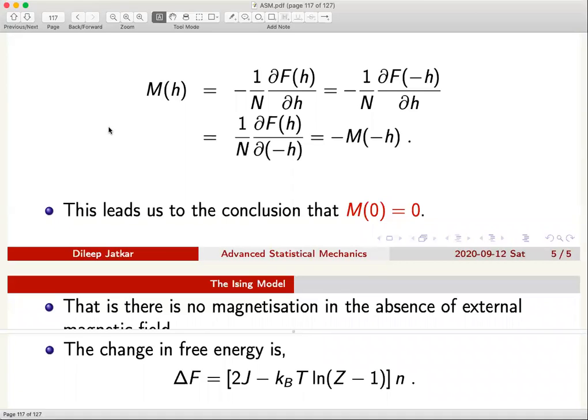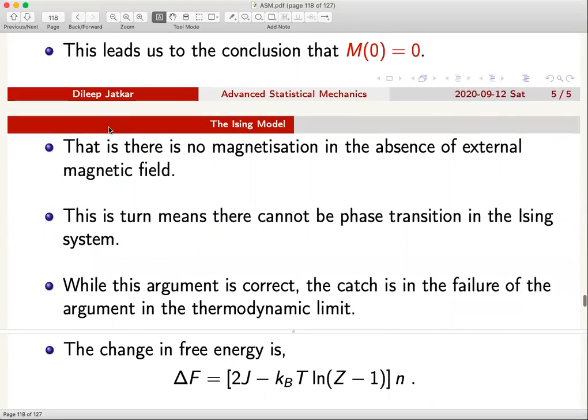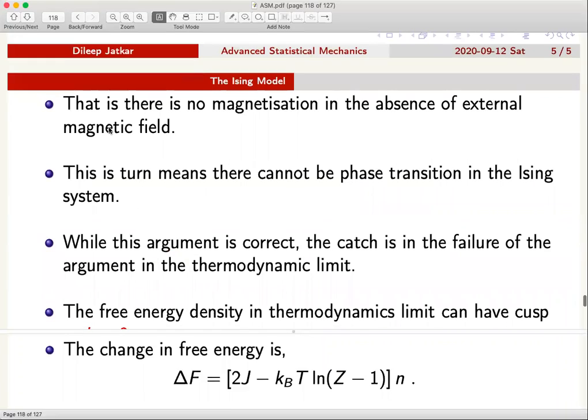And this is precisely the catch here: when you take the thermodynamic limit, then even in the mean field theory we found that although the Hamiltonian was an analytic function of couplings and spins, the mean field values of various quantities actually did develop non-analytic behavior.